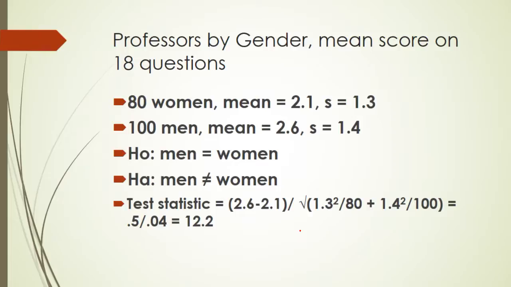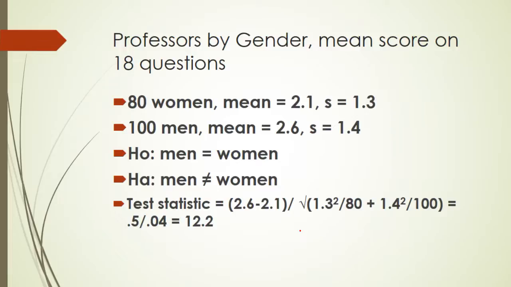So, I'm going to give you some actual real-world data. We did a survey of how happy people are working at UNLV, and we have 80 female professors and 100 male professors. And they had an average score. They could rate it as high as 4. So if everybody was really happy, they'd be 4, and if they're not happy, they'd be 0.